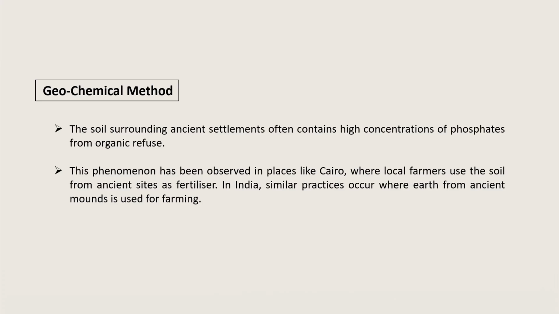Geochemical method. The soil surrounding ancient settlements often contains high concentrations of phosphate from organic refuse. Phosphate is a very important ingredient for understanding the settlement pattern of any site, because phosphate analysis gives information regarding the use pattern of that particular site, the garbage area, the food consumption area, the path area, where people lived, and why they chose a particular area for their habitation and survival.